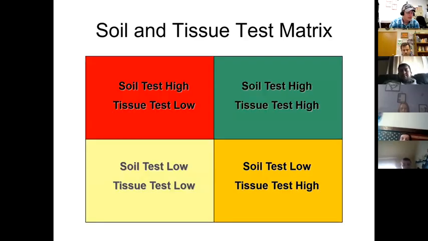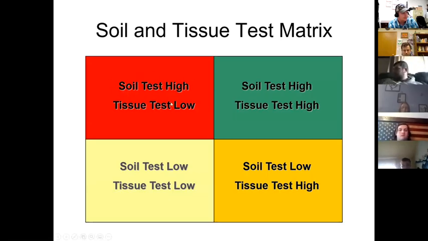All right. Now this matrix right here shows some potential things that can happen when we do a soil and a tissue test. So let's say, for example, on this upper left one right here, that we take a soil test and the numbers are coming back high.